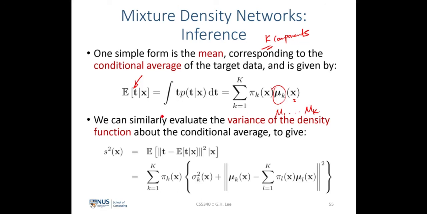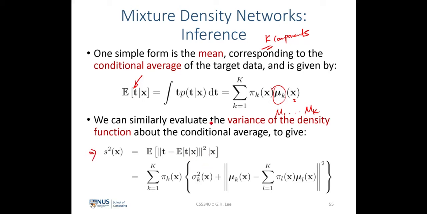This simply means that we are going to integrate over dt the expectation of the output space. And then we can also calculate the variance this way: the expectation of T squared minus the squared expected value of T.